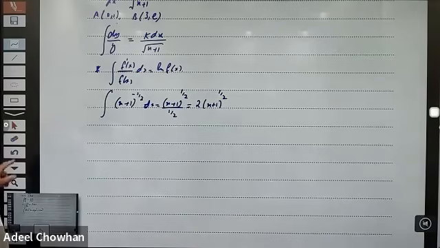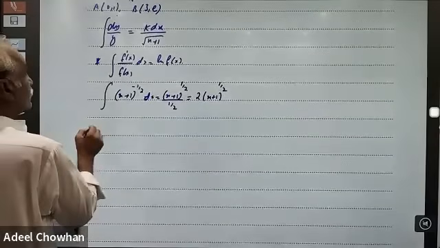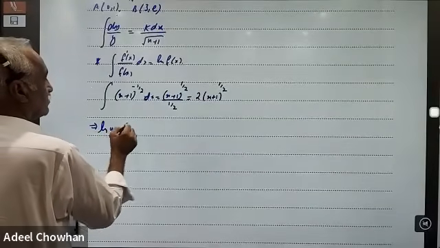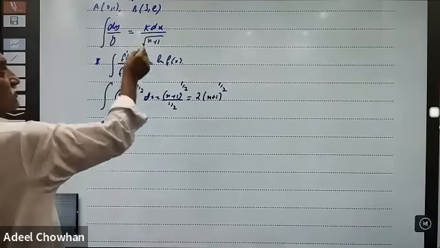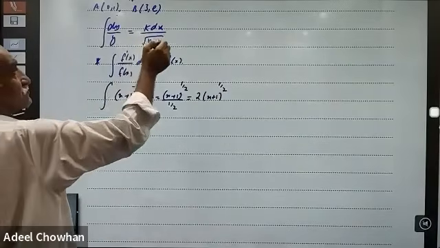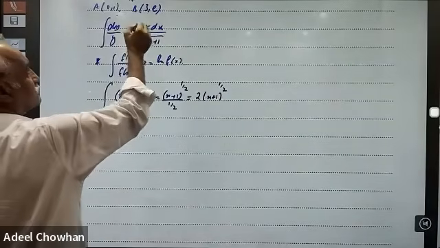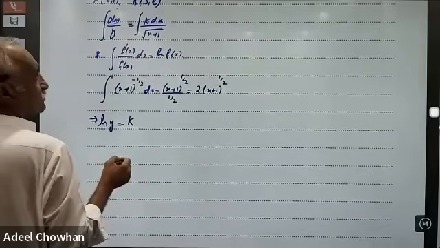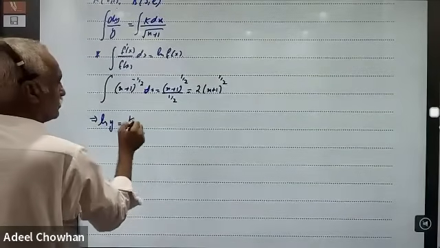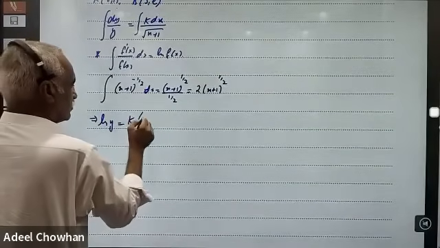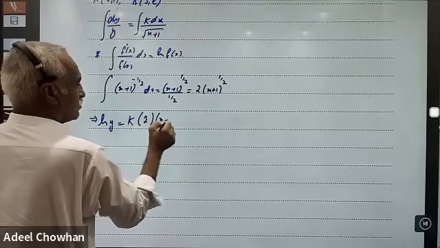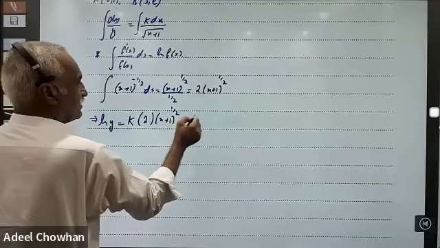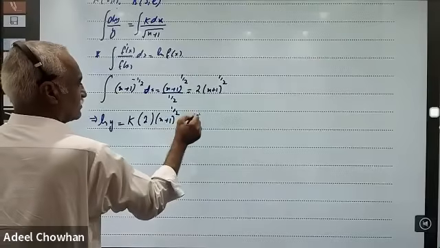Now we put this all in, so log of y is equal to k, constant as it is, into 1 over the square root of x plus 1, which is basically equal to 2 into x plus 1 power half plus the constant of integration A.